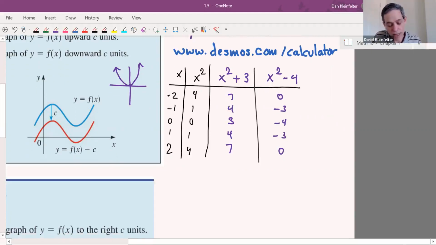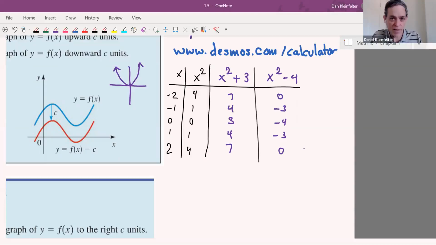So taking a look at it, we want to think about how we would draw this. For x squared plus 3, we would be keeping the same x values, but our y values for points would be 3 larger. For x squared minus 4, our y values would be 4 less. So let's actually fill in the details for that graph.